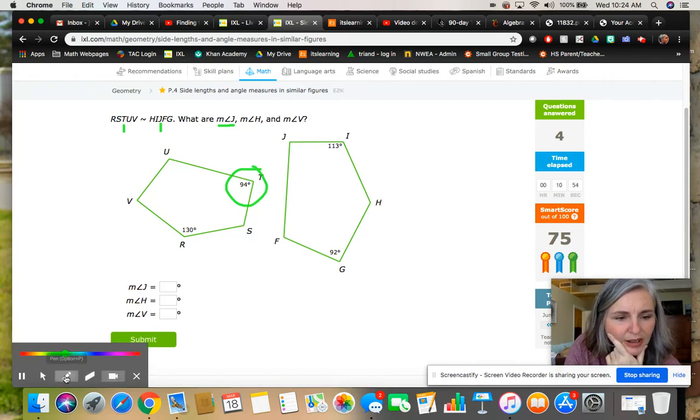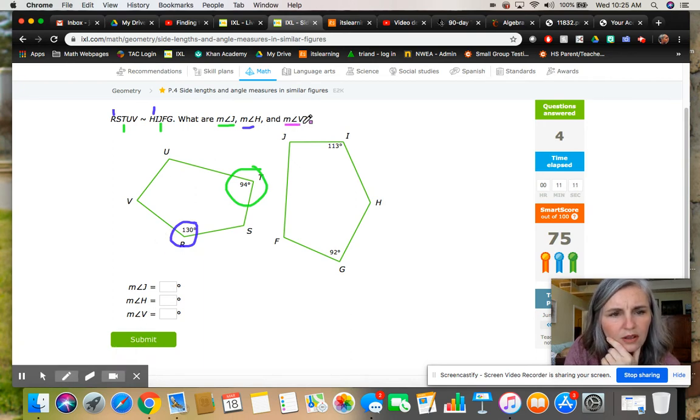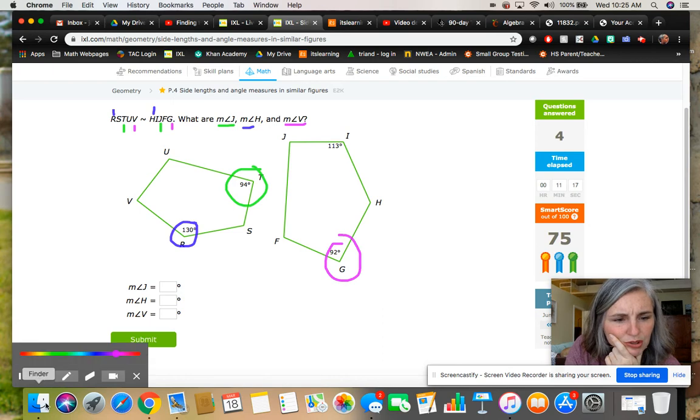And then H is the first one, and it matches R. So H is going to be 130. And then V matches G, and G is 92.